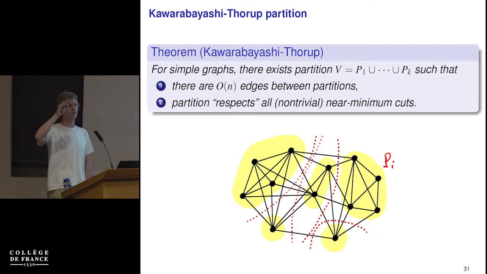Like if you cut off at least 2 vertices, so basically these are cuts that are not trivial, like this cut here. Basically every near minimum cut that's non-trivial will go between these partitions. So basically the only edges that are involved in non-trivial minimum cuts are those between the partitions, and there's only order n of them. So that's what they prove.